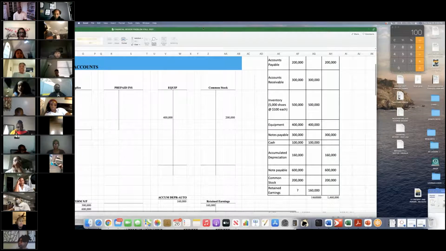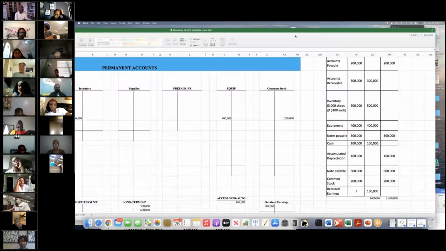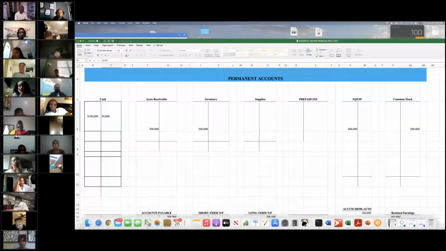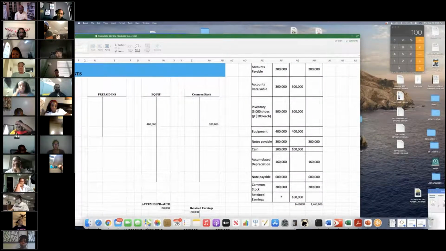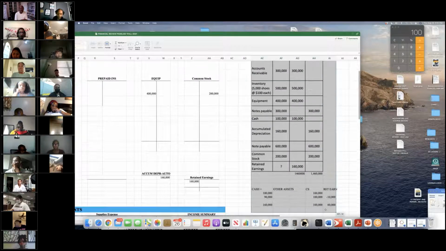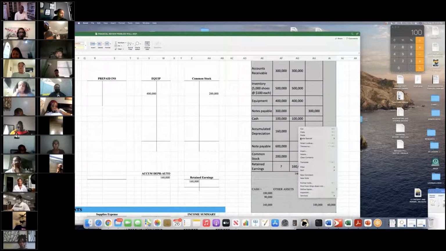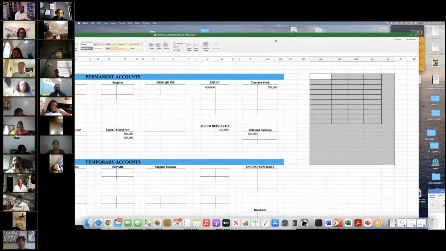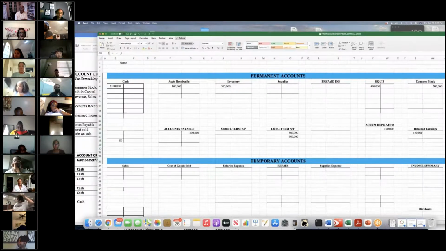When I put this in, that shifted all my things around. Let me see if I can undo it. No, it's not going to clear back. If I clear these contents, okay, that brings it back. So that first transaction is here, 50,000.